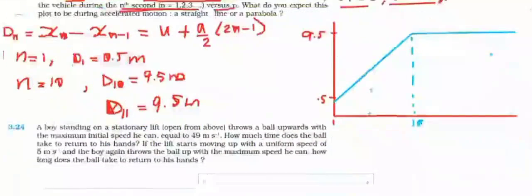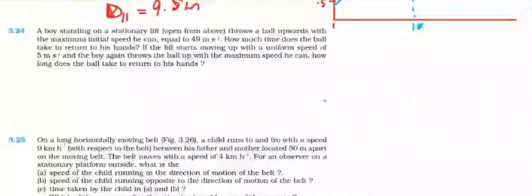Next question 24. A boy standing on a stationary lift throws a ball upwards with the maximum initial speed he can, equal to 49 meter per second. That is u. How much time does the ball take to return to his hands?